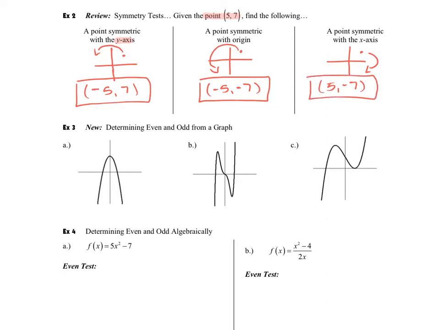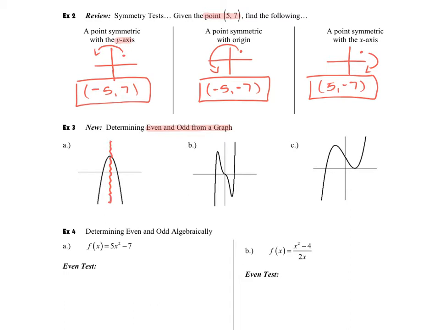Those types of symmetry are going to help us understand a little better the ideas of even and odd functions. Determining even and odd from a graphical approach is actually our easiest approach. When we look at the graph on example 3a, we can see that this graph has a line of symmetry that is the y-axis.